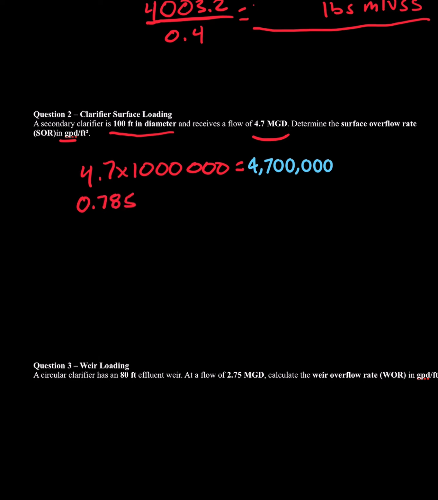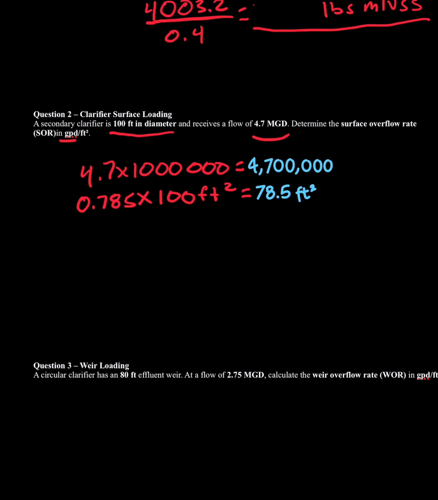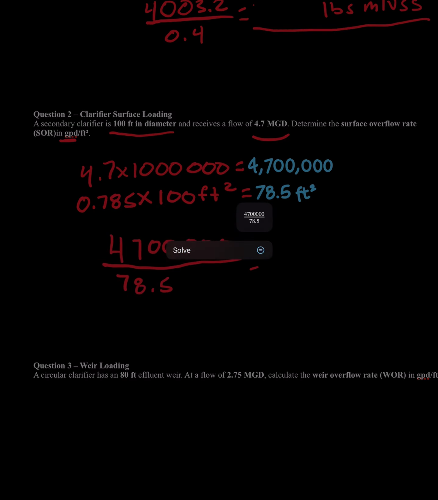And then we're going to convert this using our calculation. So it'll be 0.785 times 100 feet squared. And that's going to be 7,850. So we're going to put gallons per day on top. So 4,700,000 divided by 7,850.